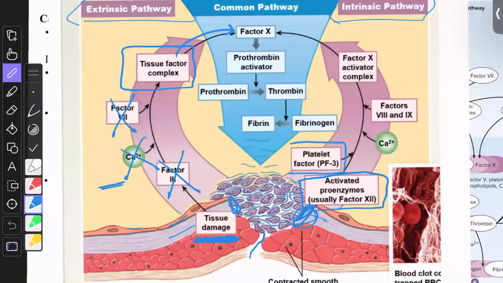This is the only one you need to know other than factor X. And the combination of platelet factor 3 plus the activated proenzymes, we can ignore calcium, we can ignore those two, will create an activator complex, a factor X activator complex. What do you think it does? Activates factor X, right? The extrinsic created it, the intrinsic turns it on. Yes.